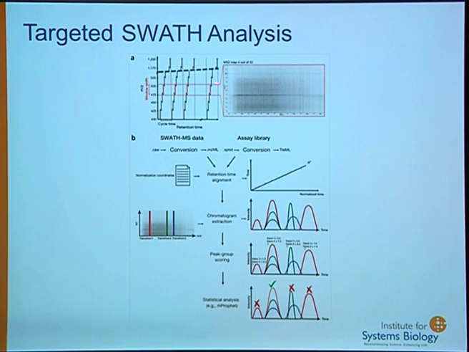As I showed you before, the way the analysis works is you acquire your data in the SWATH mode with the particular windows you want to set, and then you convert it to an open format, the SWATH file, and then you do a retention time alignment.